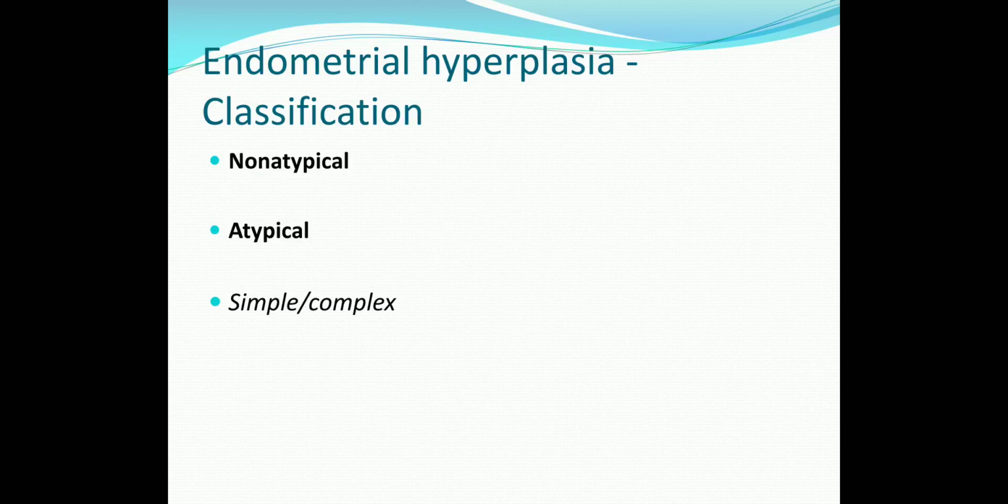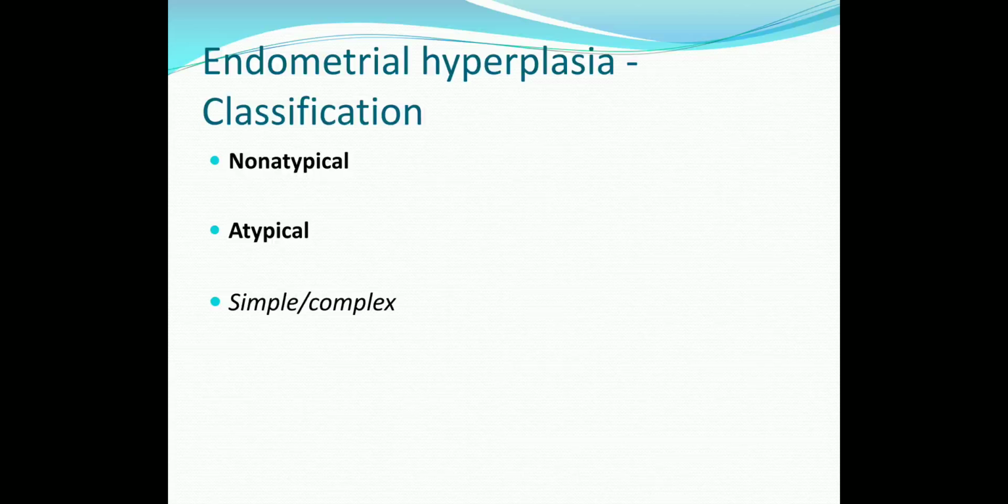For your exam, you should always write non-atypical and atypical. But in your textbooks, you may find simple or complex hyperplasia. That is the older classification, while non-atypical and atypical is the newer classification. You can also learn the older classification, but you have to mention in your exams that this is the older classification and this is the newer one.